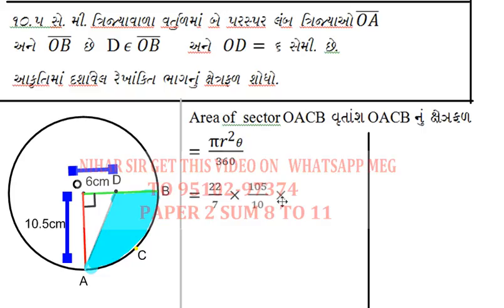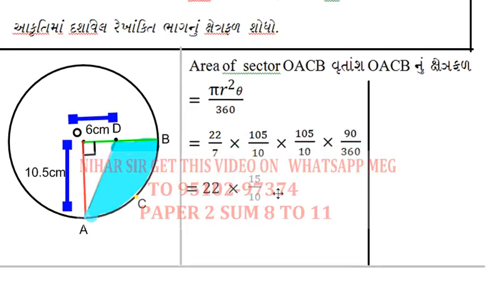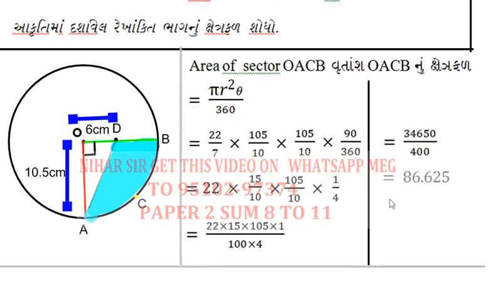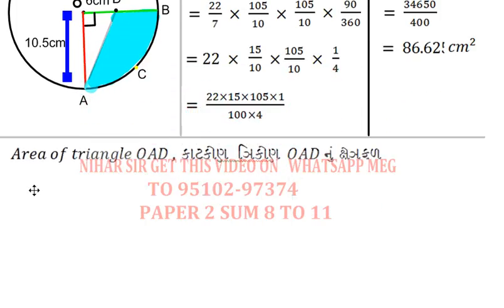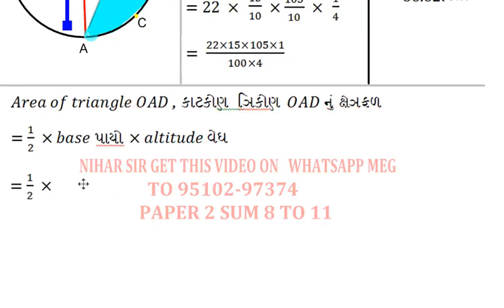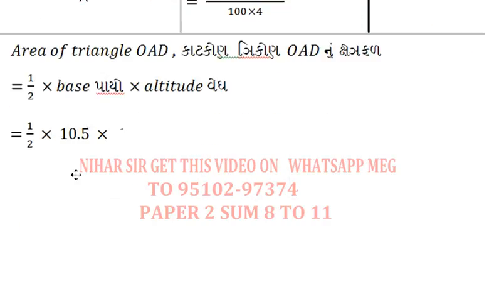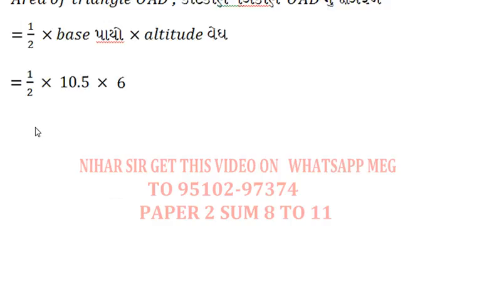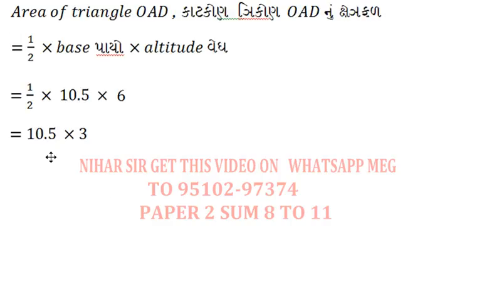Pi r square theta upon 360, right? I removed the decimal points, so 105 upon 10, and theta is 90. So it will be like this. So my answer is 86.625. Now I will find the area of triangle OAD, altitude and base, that's 1 upon 2, 10.5 and 6, so that will be 10.5 into 3, 2 3s are 6.